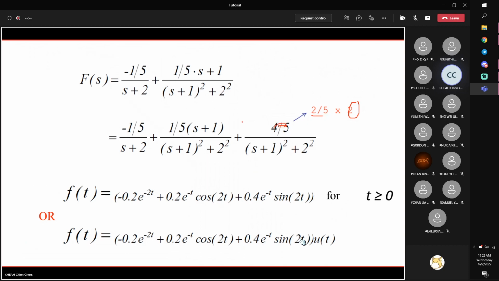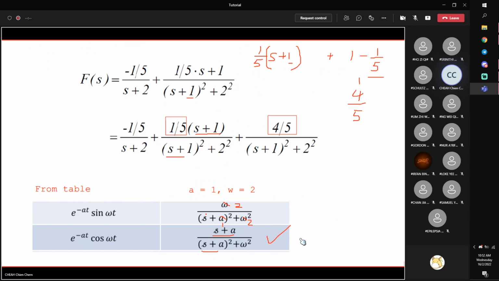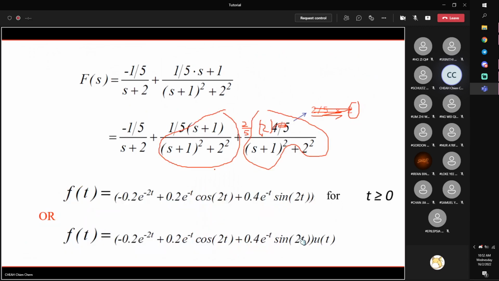Then basically I get a linear combination of these two, one is the first term, the other one is the second term. And 1 over 5 is 0.2, 2 over 5 is 0.4. So I can take inverse Laplace transformations to get a linear combination of these two terms.